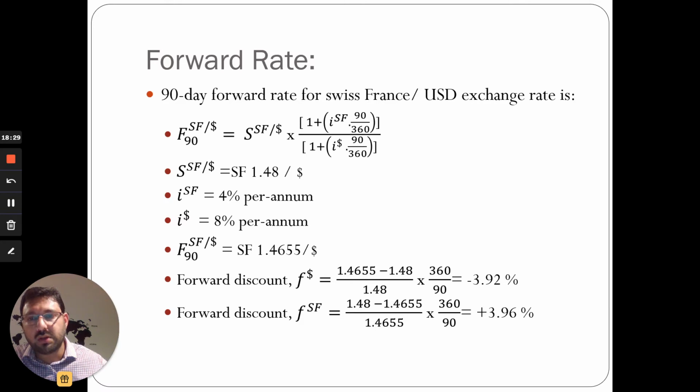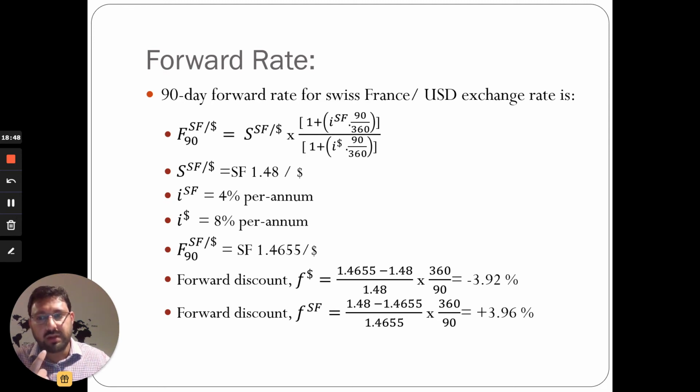If we see the forward discount of the US dollars, it is actually 3.92. So we can see that the dollar price has decreased from 1.48.